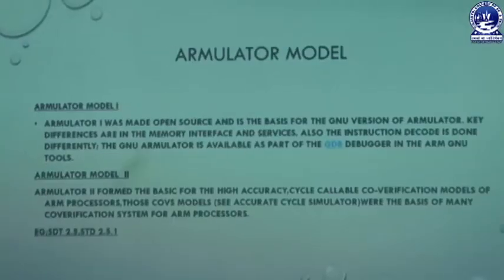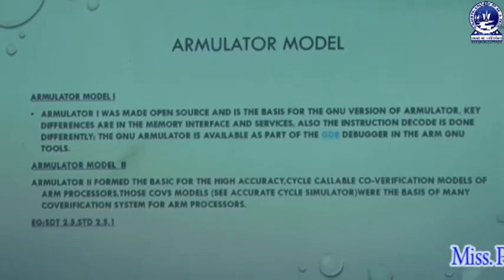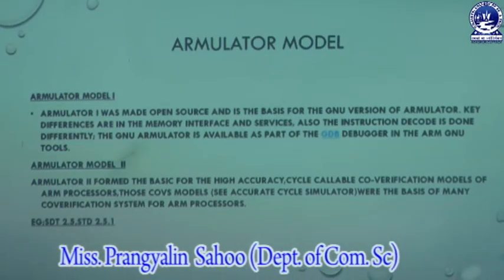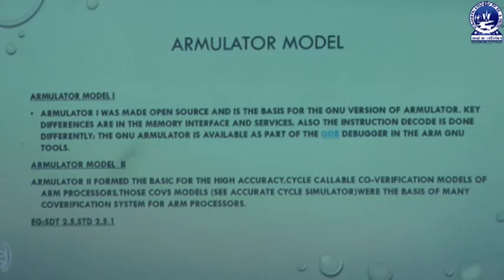Okay. Then we go to our next concept, that's the armulator models. In a general way, the armulator provides different types of armulator models. But by default, in the initial RISC concept, it provides two types of armulator models.